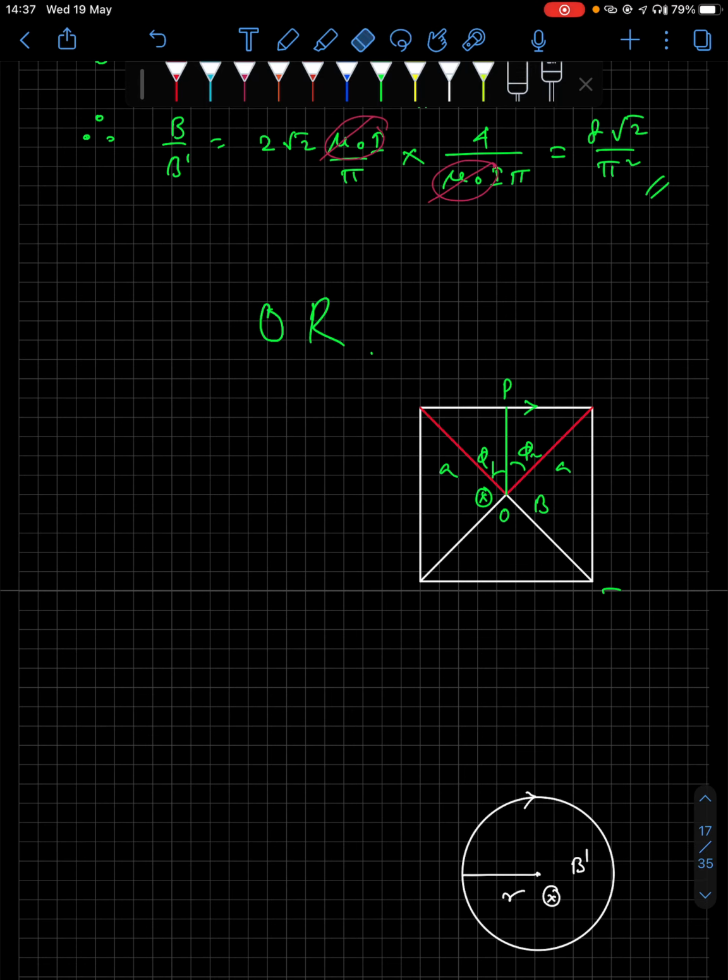Now to make it more simple, what we can do is we'll take the lengths. So now let this perpendicular distance be directly A. Let's consider this as A.